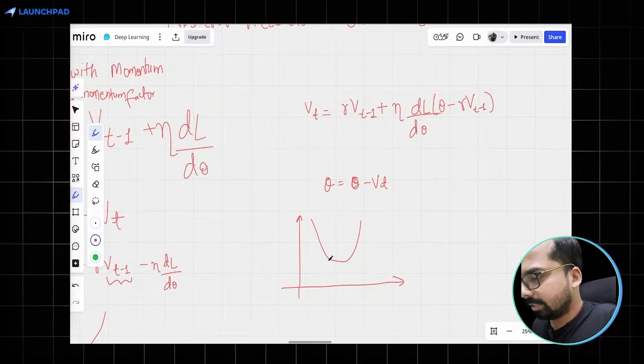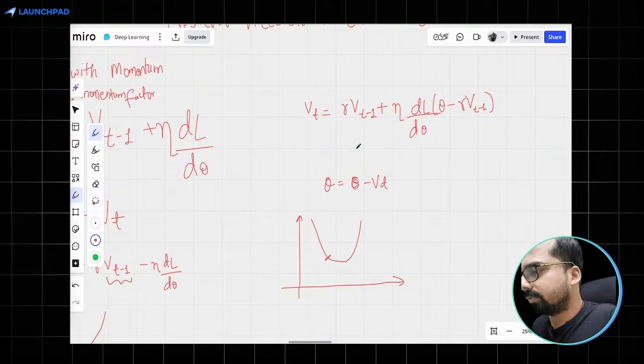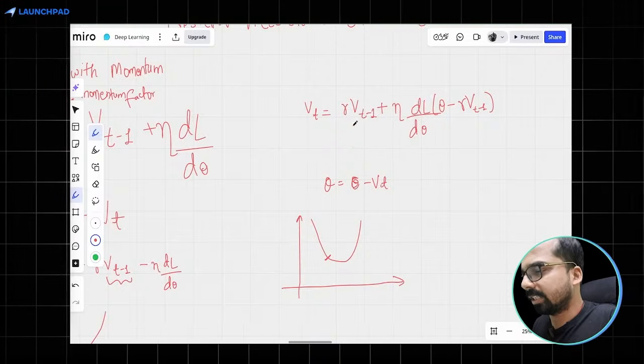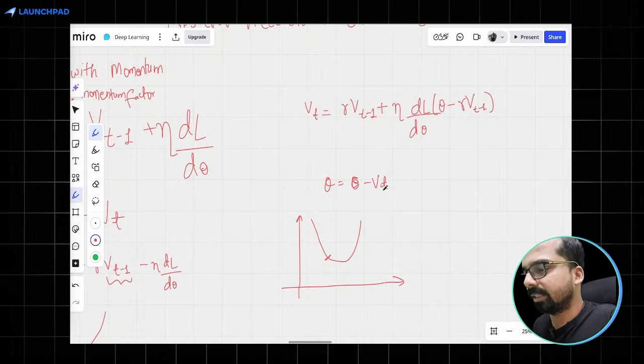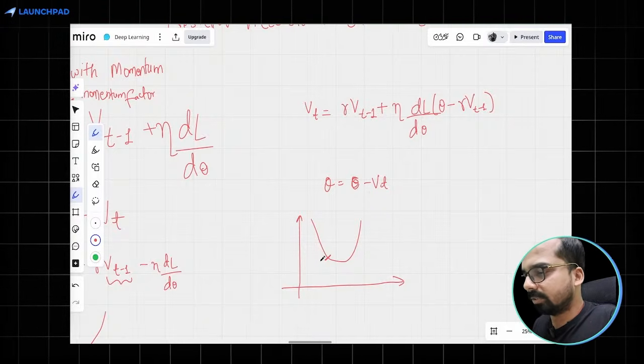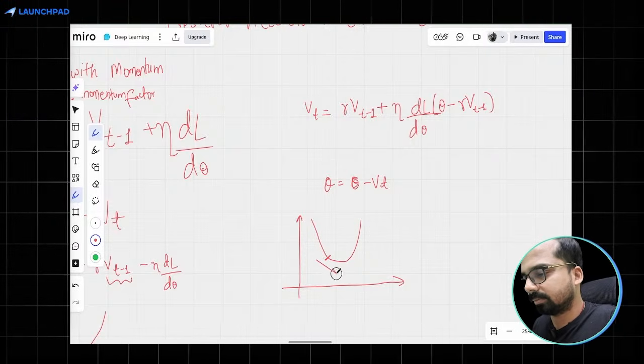Let's say I was at this point. First, I'll update theta by subtracting the Vt. Let's assume that the velocity accumulated till now was something like this.